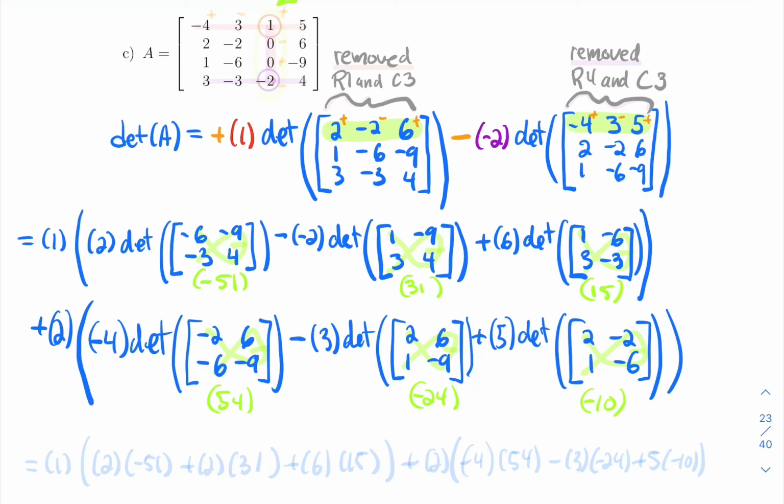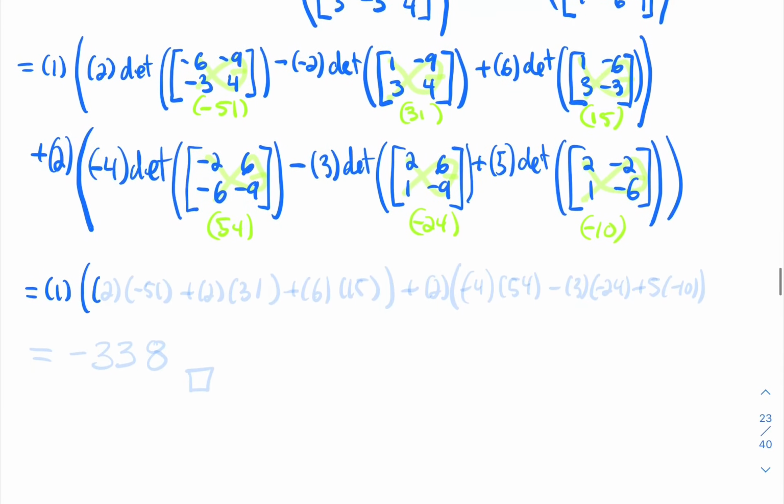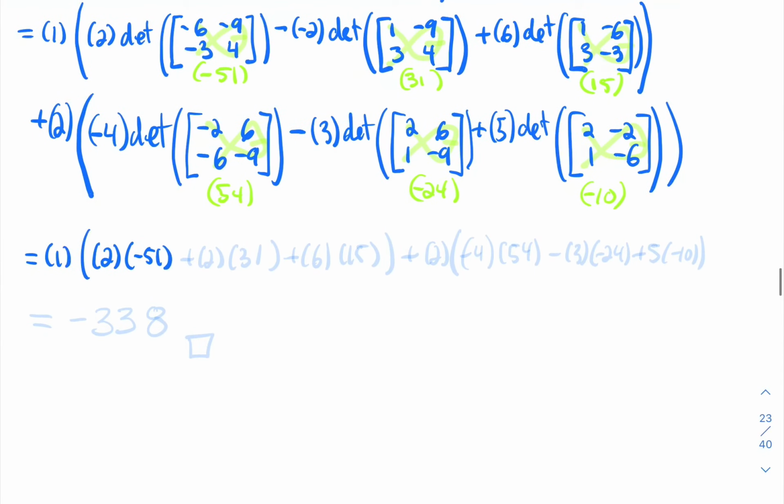So if you rewrite this as one computation, you're going to get 1 times, open a big bracket, 2 times minus 51 plus 2 times 31 plus 6 times 15, plus 2 times, open a big fat bracket, minus 4 times 54 minus 3 times minus 24 and plus 5 times minus 10.